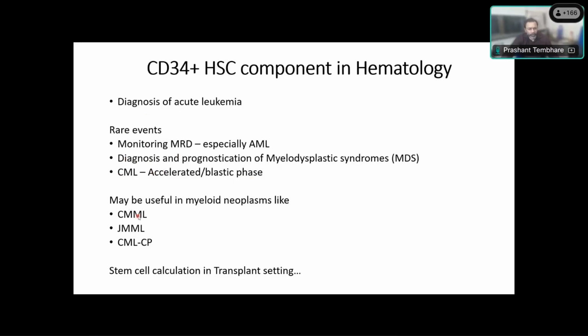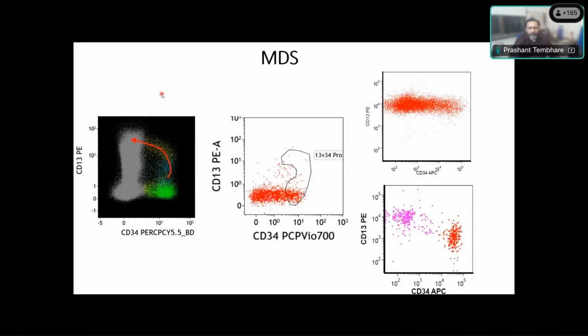It can also be helpful in some cases, for example CMML, JMML, even for CML chronic phase, and for stem cell calculation. To study the number of stem cells present, specifically in hematopoietic stem cell transplant, we use stem cell enumeration. So these are the common applications to study the stem cell compartment.